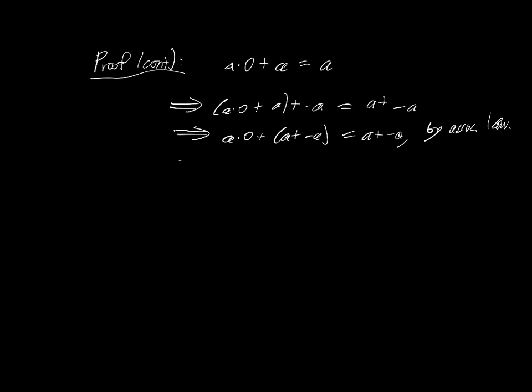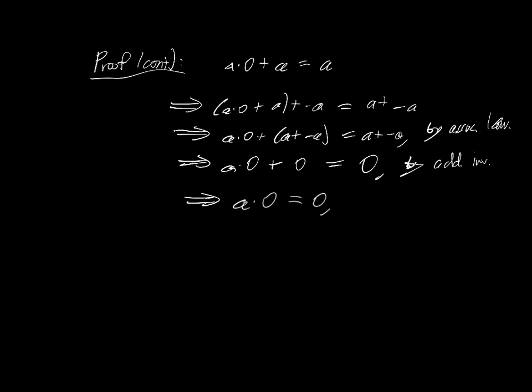And then that means now we can apply the additive inverse axiom to cancel a plus negative a. So that's by the additive inverse axiom. And that implies, well, now we can get rid of this 0 right here by appealing to the additive identity axiom. So that implies a times 0 equals 0 by the additive identity.